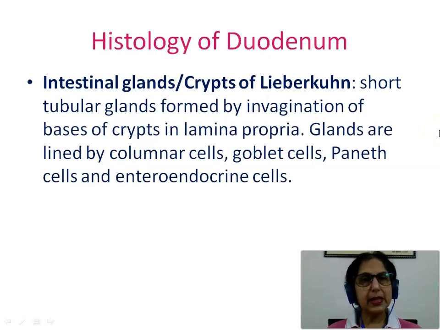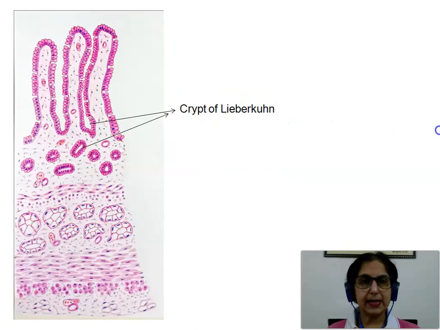Intestinal glands or crypts of Lieberkühn. Short tubular glands formed by invagination of bases of crypts in lamina propria. Glands are lined by columnar cells, goblet cells, Paneth cells, and enteroendocrine cells. In this diagram, what we see here is the crypts of Lieberkühn.